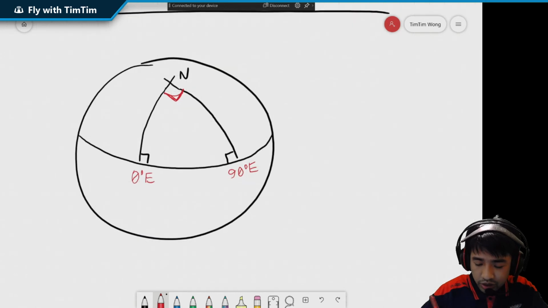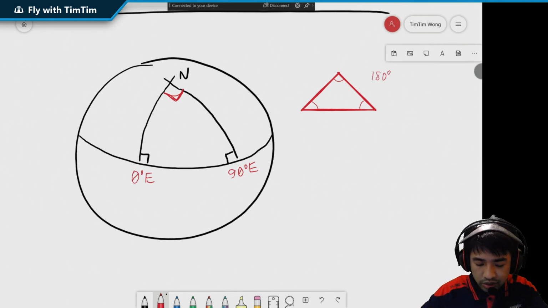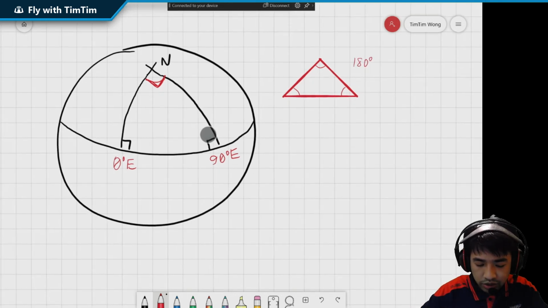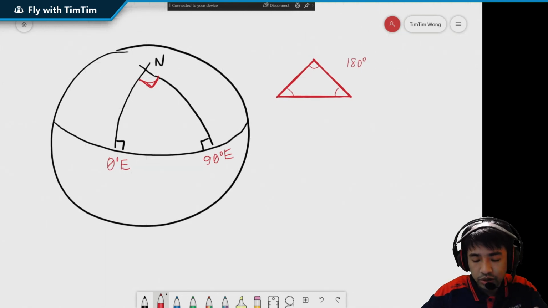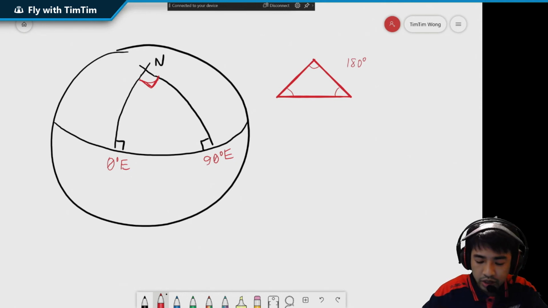Interesting. On a plane, the sum of internal angles is always 180 degrees. But on a sphere, or on any curved, non-plane surface, the story is different.